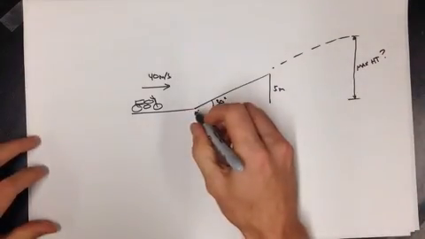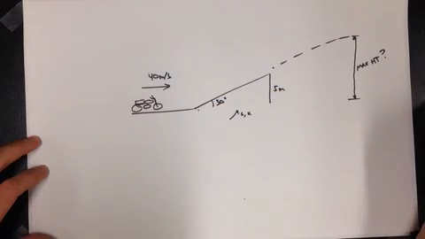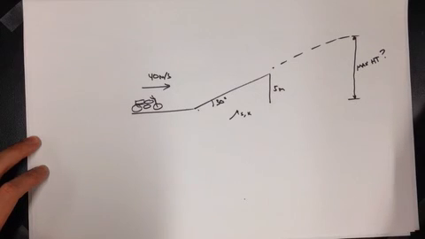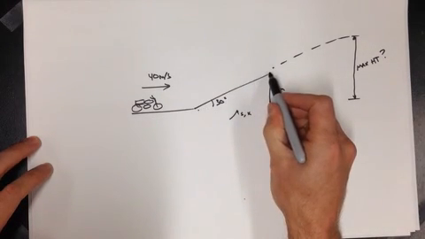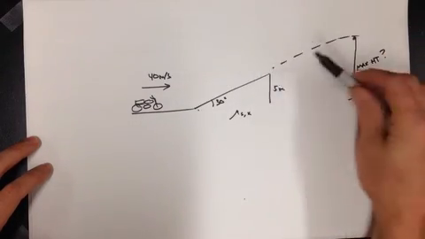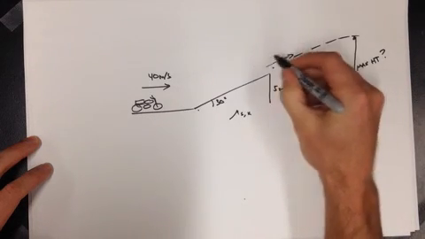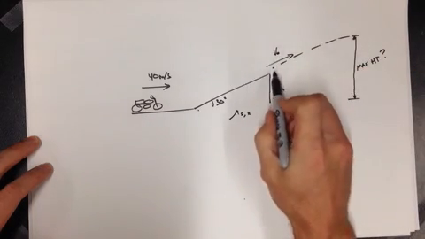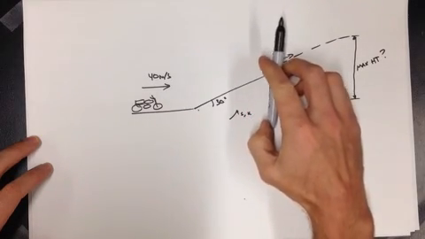So he reaches the bottom of the ramp. He's going 40 meters per second, which is close to 100 miles an hour. And his velocity is going to decrease because he's going to accelerate in this direction as he goes up the ramp, and then he's going to come off the end with some initial velocity, which is going to be the final velocity as he accelerates in the negative direction up the ramp.